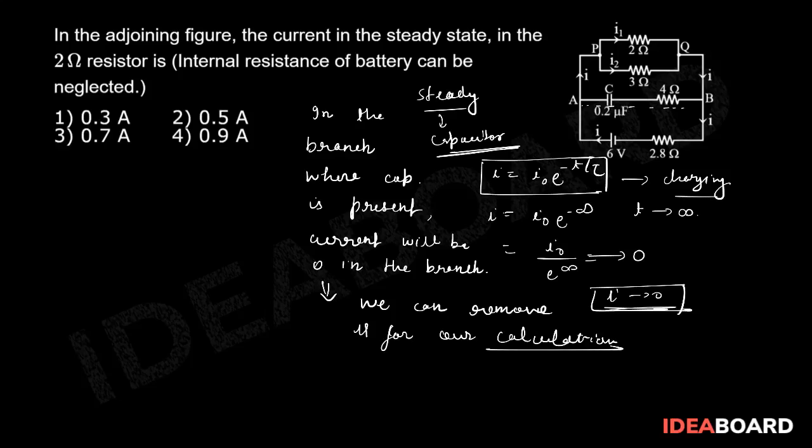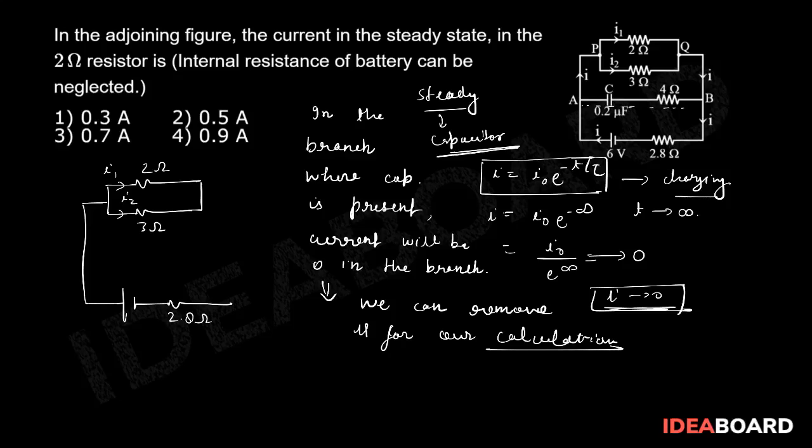If I remove the branch, we get a diagram like this. There is a 2 ohm resistance with current I1 and another resistance, let's say 3 ohm, and current I2. Perfect. Now there is a branch which was coming, and this is connected with a battery of 6 volts, and there is another resistance 2.8 ohm.